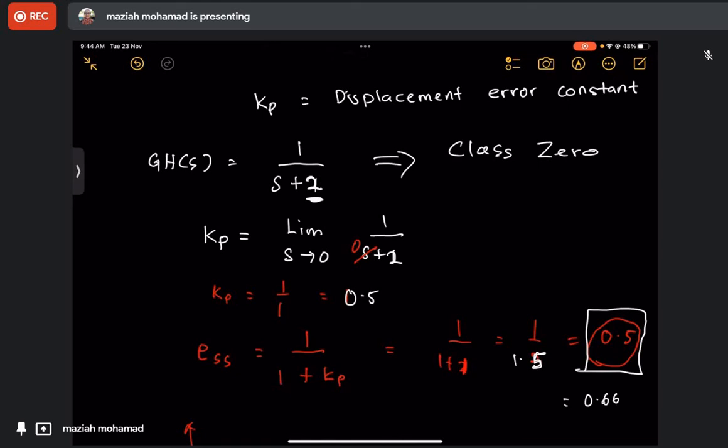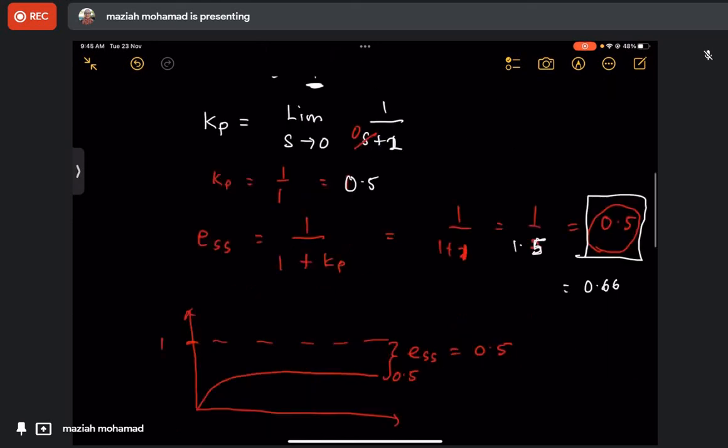It can be 0.1, 0.6, 0.5, 0.4, any value. Based on the table just now, if it is class 1, the steady state error will become 0. Let's try for class 1.